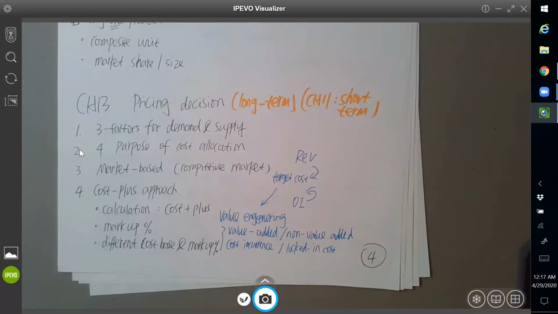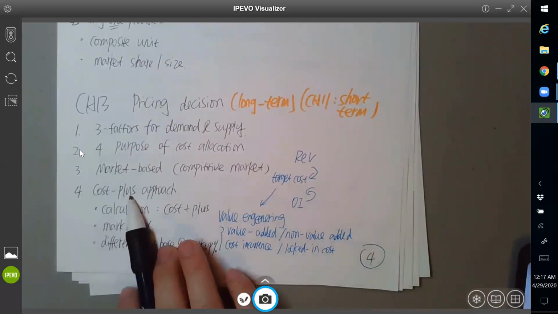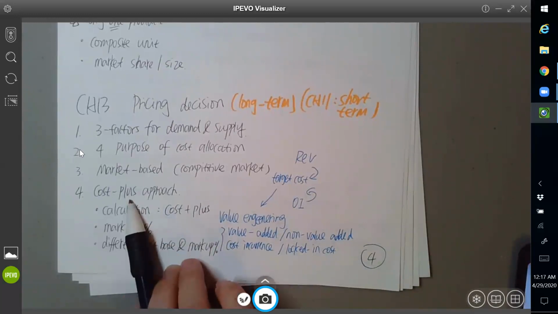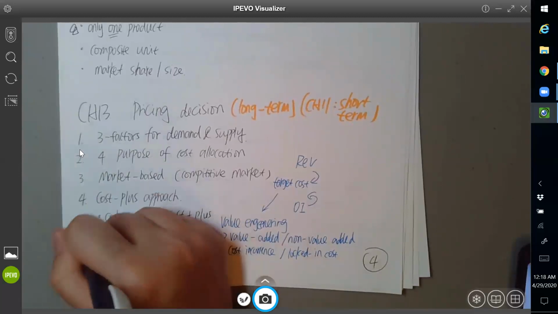And then the other approach is the cost-plus approach. So if it's not a so competitive market, you can use this one to cover your cost and also charge a reasonable plus, right? We call it a plus, we call it a markup, we call it required return, those kinds of things. So make sure you know how we get our selling price, especially the markup percentage, right?